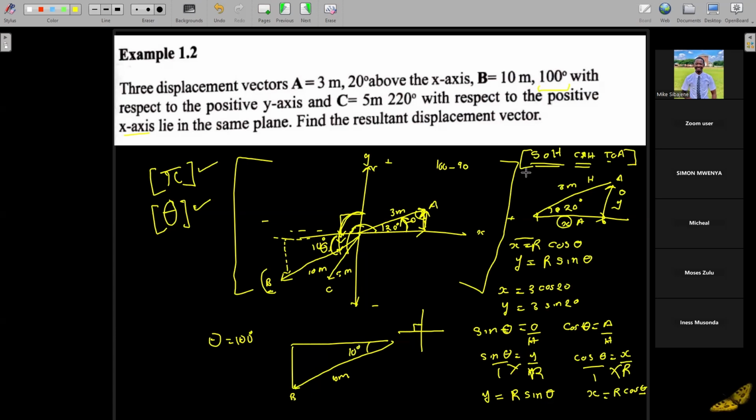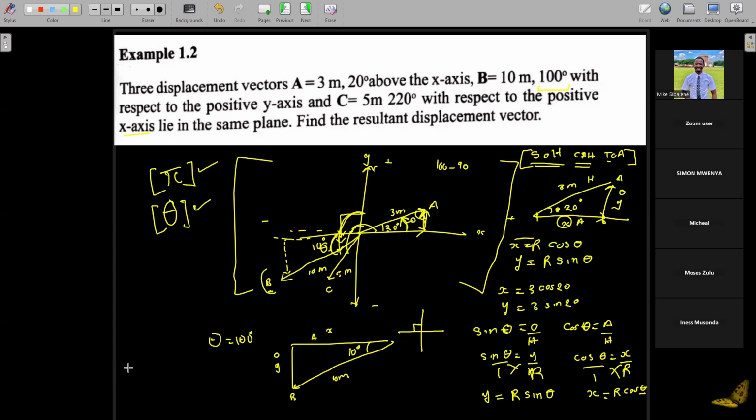We are not going to use the 100 because we are going to start from this point. The x component that we want to find is that part, and the y component is that. So this will be our adjacent, and that is our opposite.